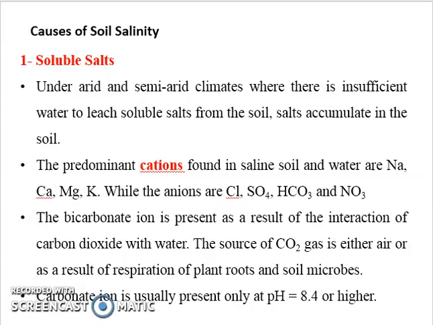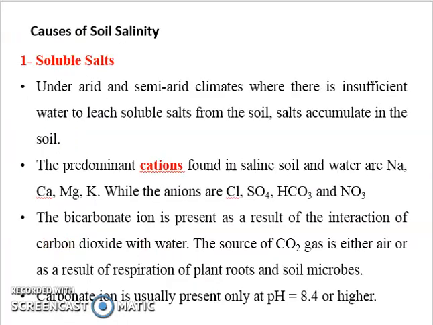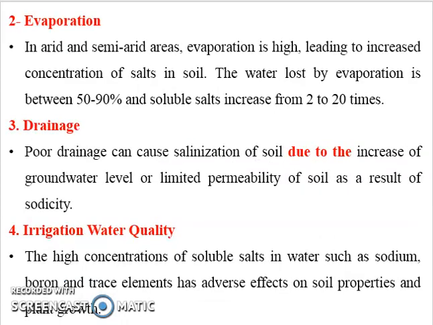The hydrogen carbonate usually raises the pH to 8.5 or higher. So the first cause of soil salinity is soluble salt, either applied to or present in the soil in arid and semi-arid conditions.